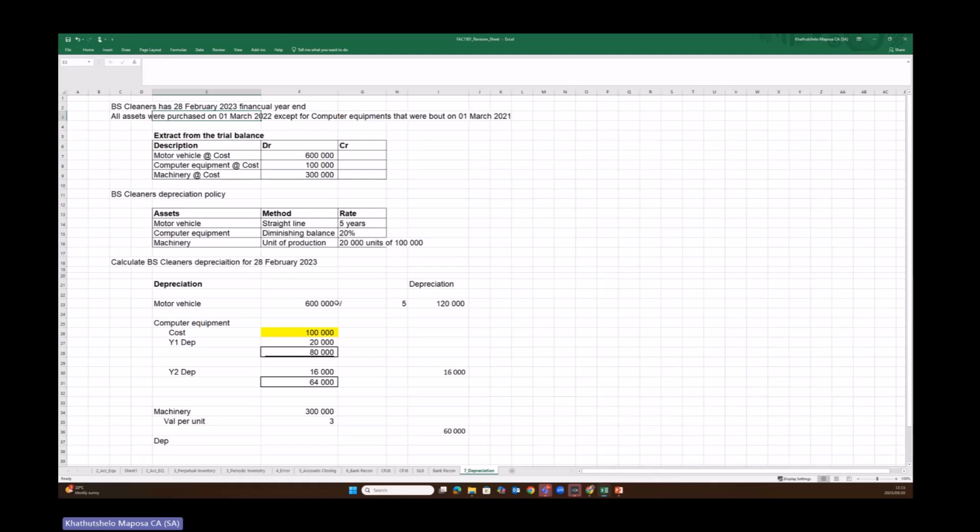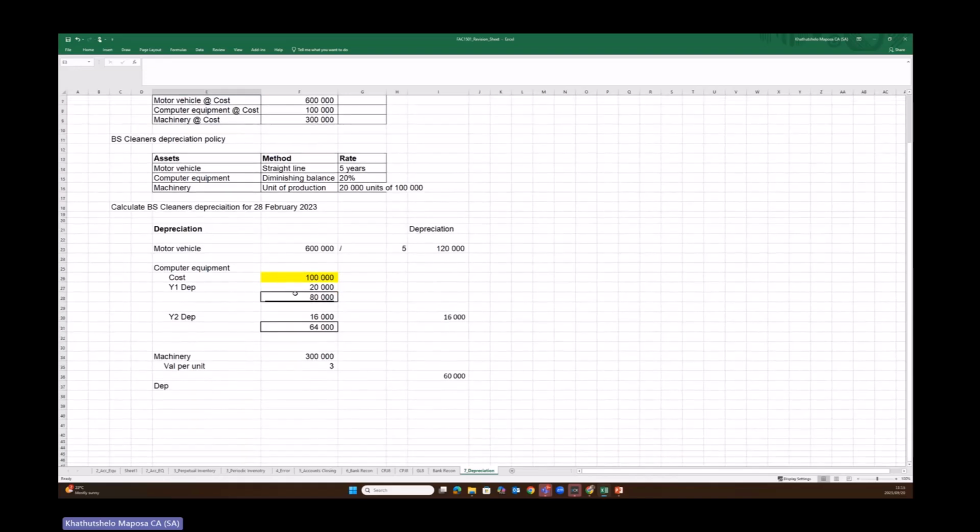For example, if we were working on the computer equipment and asked you how much is the accumulated depreciation, it will be depreciation for year number 1 and year number 2, which becomes 36,000. That would be your accumulated depreciation. So don't worry if you see fancy words like that. It just means total depreciation since the asset was bought to date. In the absence of questions, the total with debit is the accumulated depreciation.